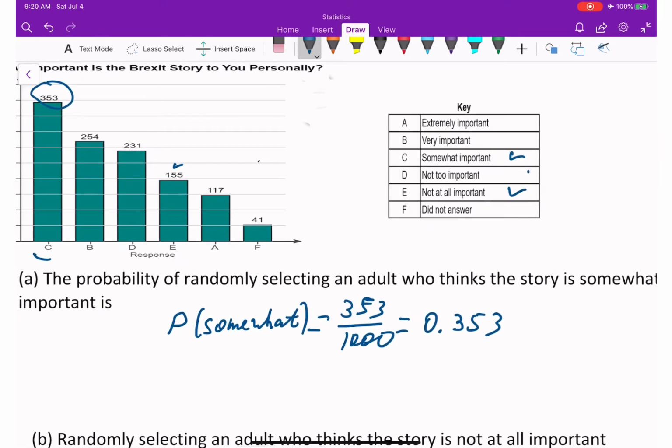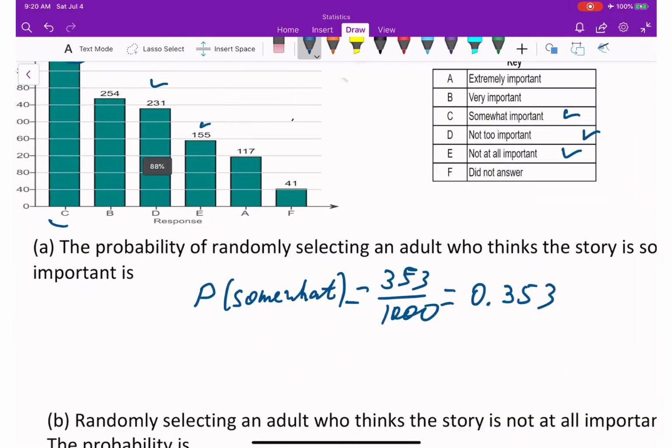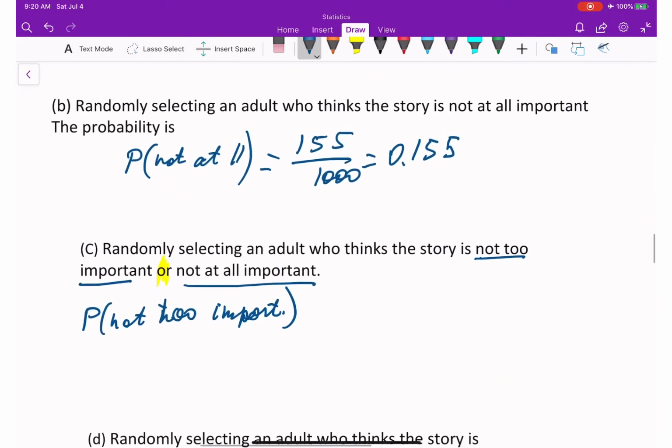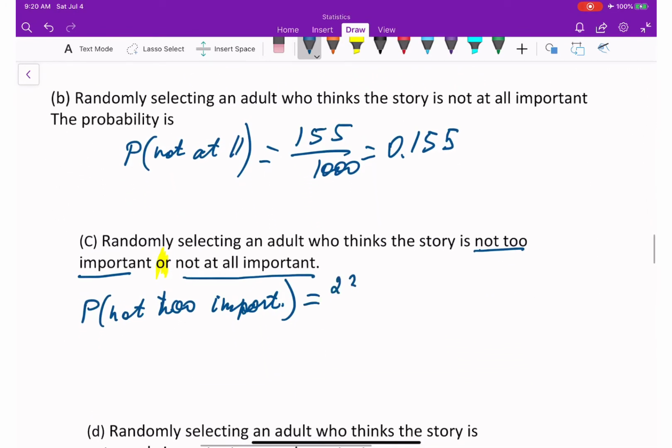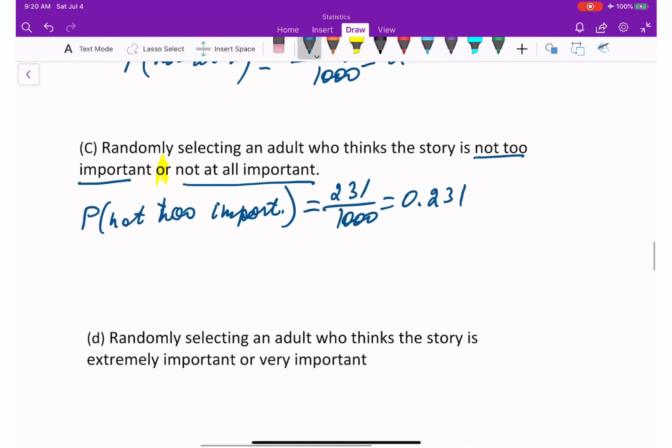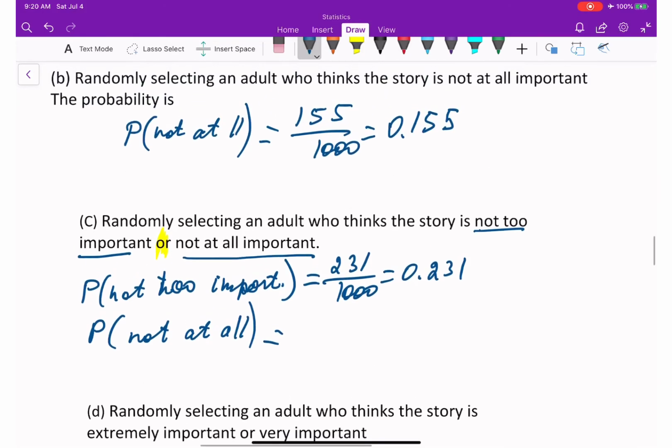Here it is, that is D, 231. So it's 231 over 1,000, which is 0.231. Probability of not at all important, we already have it right here: 0.155.